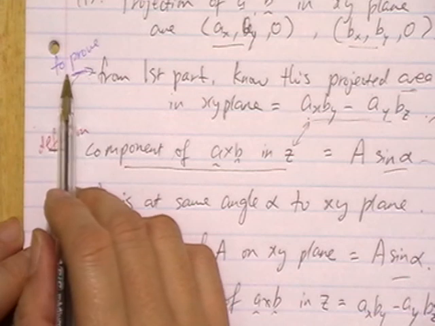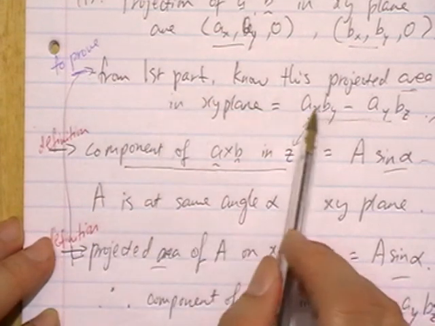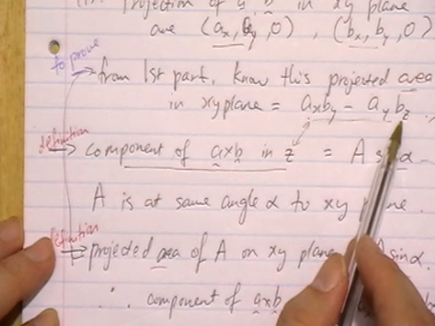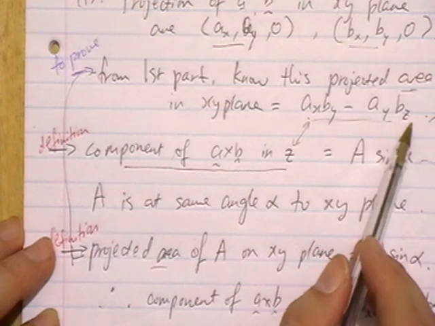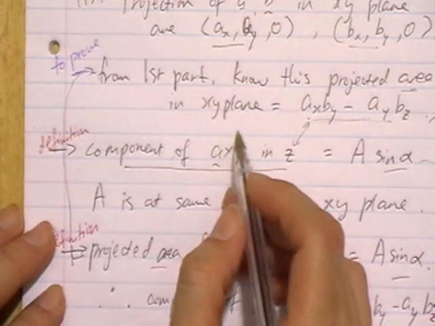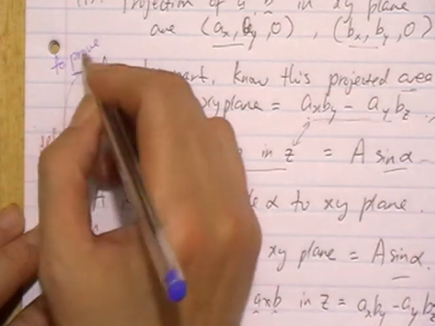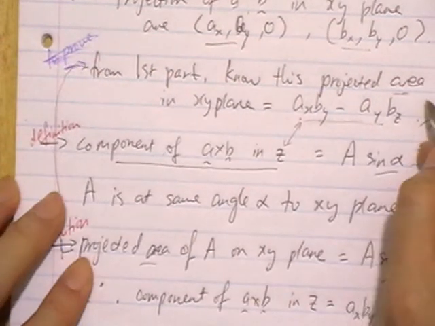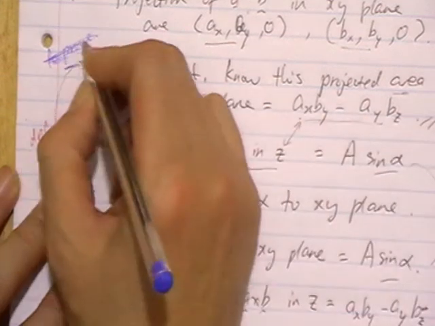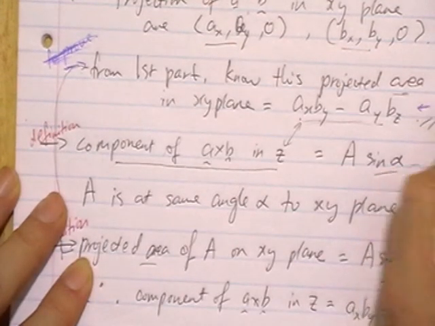Well, that might be a bit misleading. We have actually proven this from the first part. Okay, so it is not that we want to prove the projected area, but it is this expression here that we want to prove.